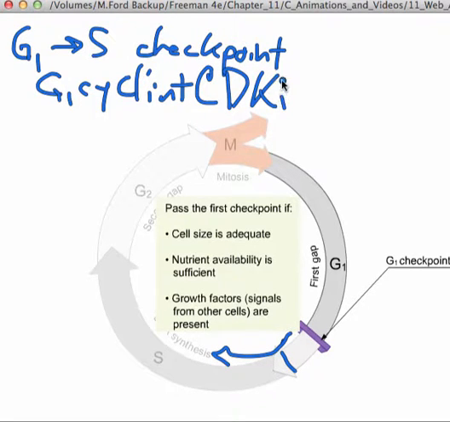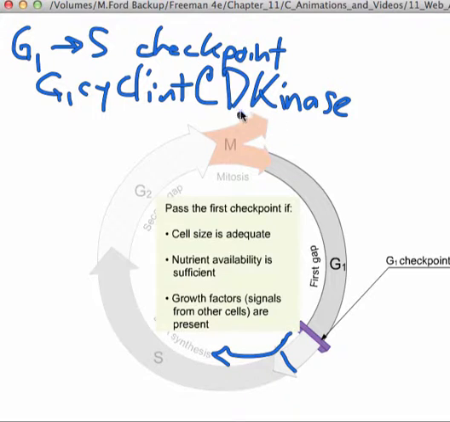Remember, kinases are proteins that transfer phosphate groups. So they're taking a phosphate from ATP and transferring it onto a protein needed to initiate S phase. So this cyclin-kinase complex is what's active.